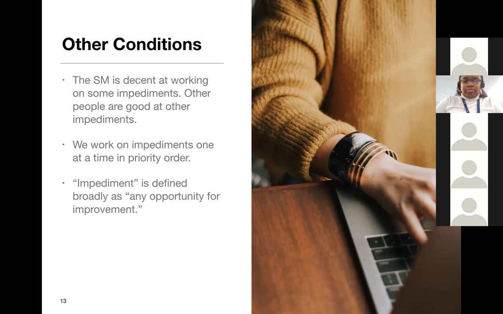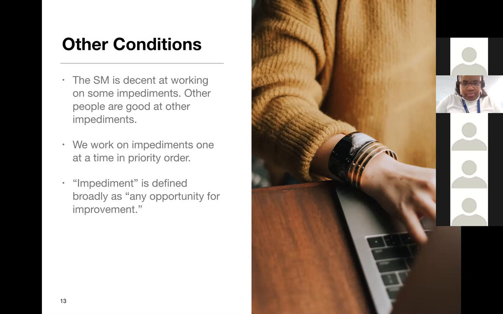They need to work on impediments like user stories, pretty much one at a time in priority order. Which means that they typically should, but often don't, put the impediments in a priority order and then work on them in that order, usually in terms of return on investment, you might say benefit over cost.